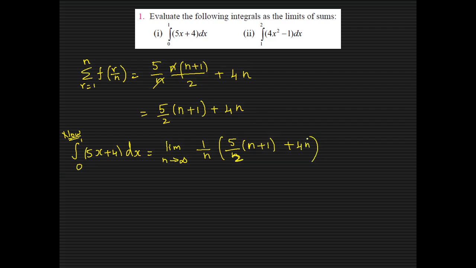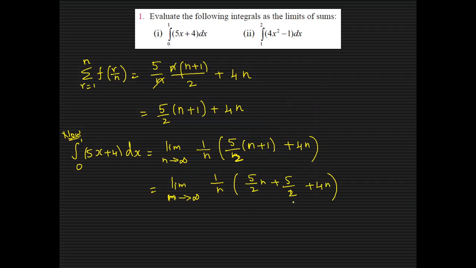So now we need to simplify this. Limit n tends to infinity 1 by n, so this will be 5 by 2 n plus 5 by 2 plus 4n.